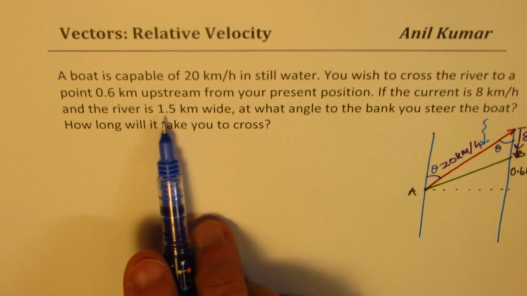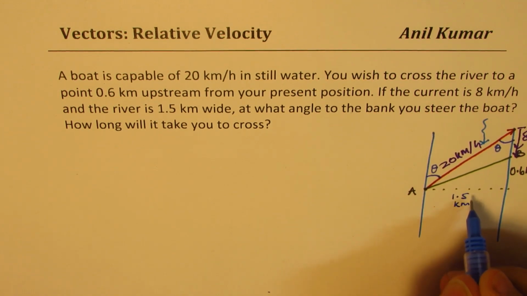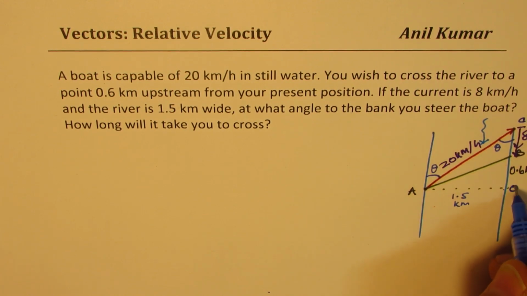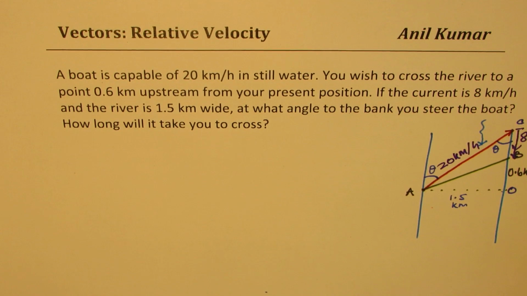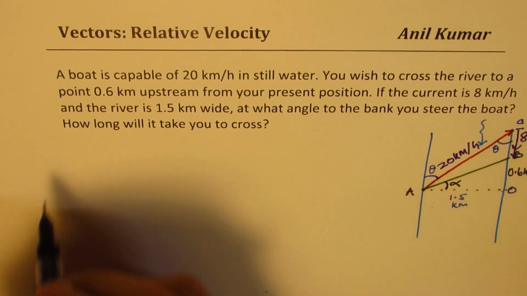We are also given that the river is 1.5 kilometers wide, so we'll write 1.5 kilometers here as the width of this river. We know that the width is 1.5 and this is 0.6, so we can find that angle. Let's label it AB. Let's call this point C and this point O. This particular angle, let's call alpha.